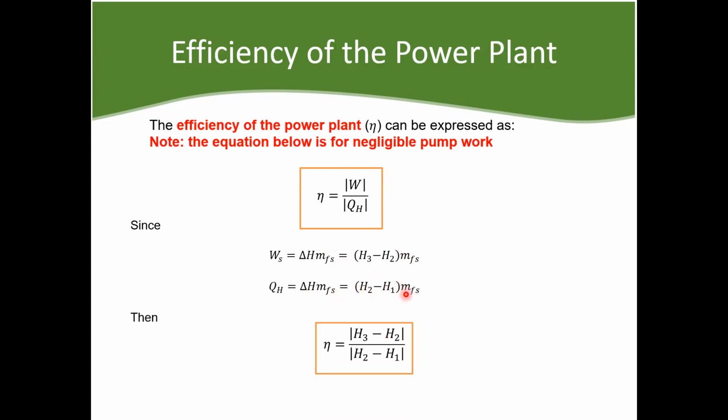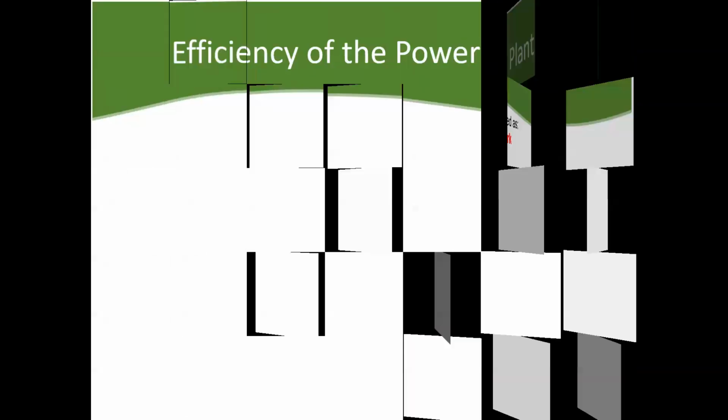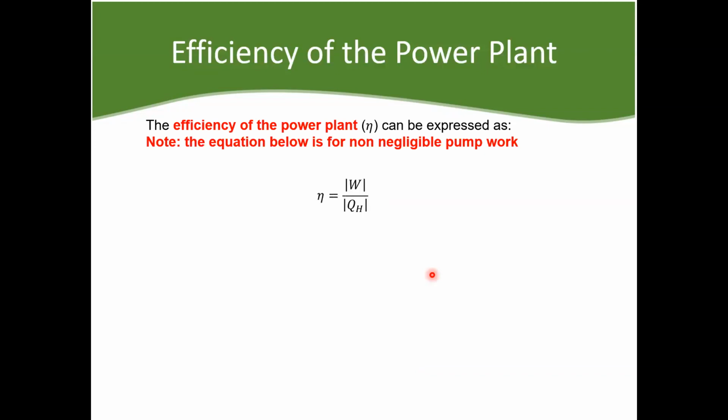So substituting those equations into the efficiency equation, we're left with this equation for the efficiency of the power plant with negligible pump work. So we either compute these values of enthalpy, or we get them from the steam table.